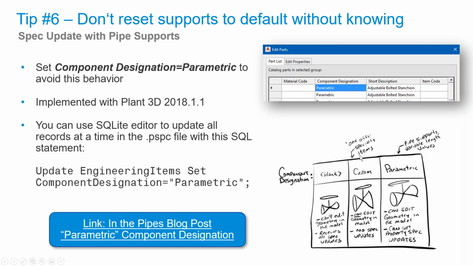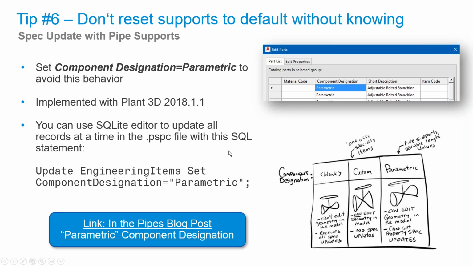If you were to use custom, this was for custom parts, and it's intended that you can edit the geometry in the model, and basically it'll show you the parametric shape there in the properties palette, and you can type in the size you want, but it won't be included in spec updates because that's not really a spec part. And then finally, the parametric one we're talking about, you can edit the model just like you would a normal support, and you can get the property updates, but it ignores the size parameter updates. So it's just a safeguard to keep your supports that already pre-exist in the project from getting modified when you run a spec update.